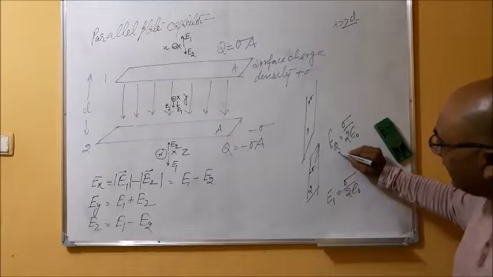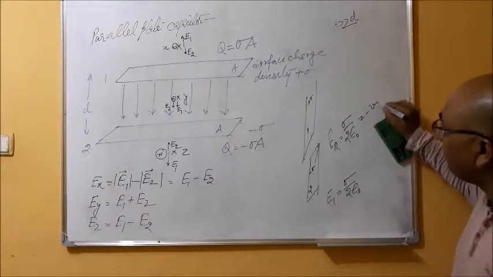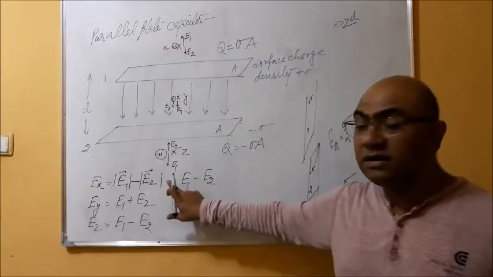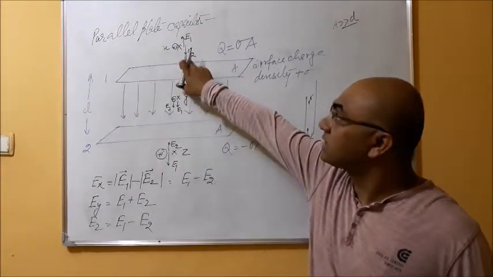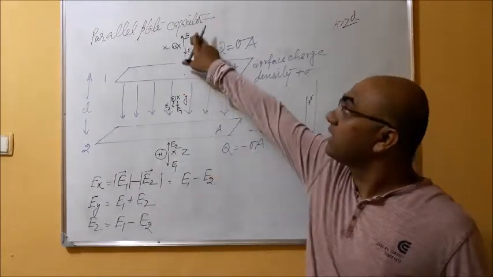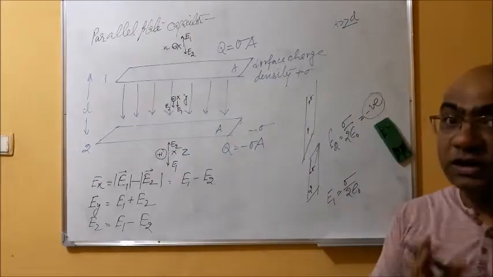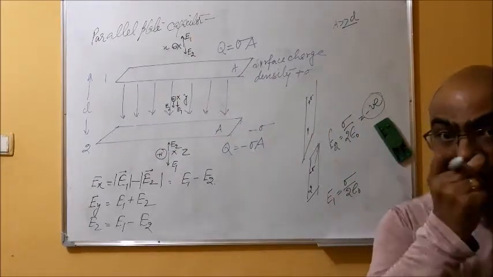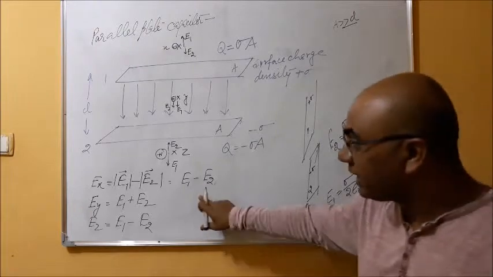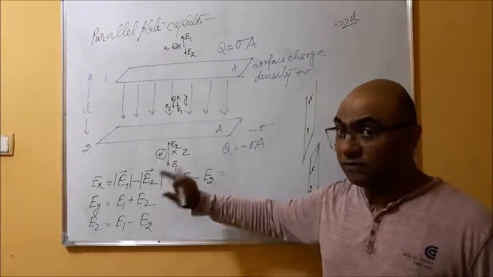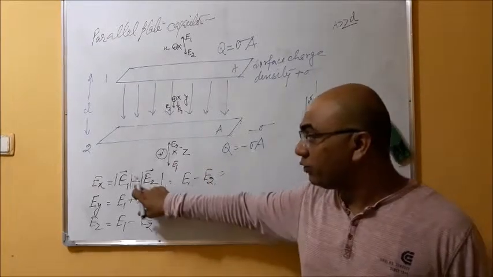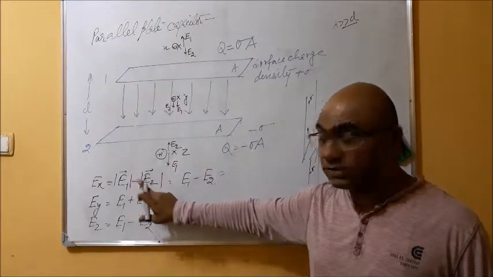Because we know E2 is negative, but we have already taken the negative sign. You see, we have already taken the direction. This direction is due to the negative charge, this direction is due to the positive charge. So we cannot take the direction 2 times. Now we will take only the magnitude, which I told you here, because we have already taken the negative sign.